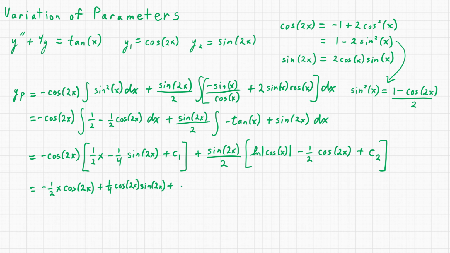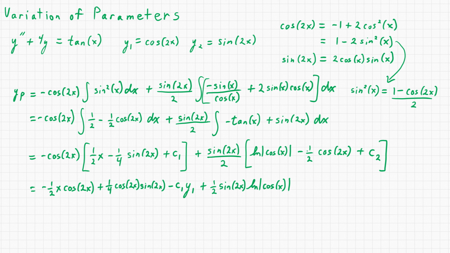And I have my plus minus c1. This is y1, so I'm just going to write it as c1 y1. We're going to end up dropping these terms. Then I have my plus sine 2x over 2 times natural log, so plus 1/2 sine of 2x times natural log absolute value cosine of x.